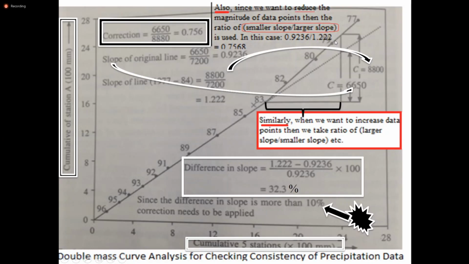So we need to bring this data to this line. So each data point, the data for year 80 here, would be 81 somewhere, and so on and so forth, needs to be brought to the straight line. Then it will be consistent. So let me show you in the table first.